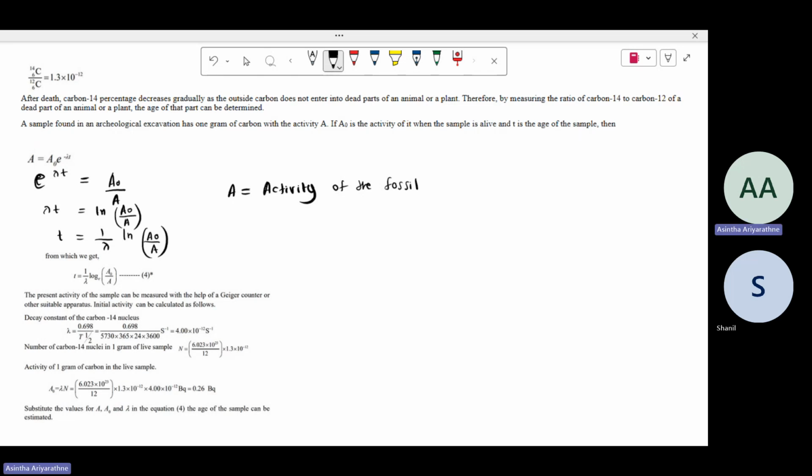So when we find the fossil, A represents the activity of now, the activity of the fossil at present, whereas A naught is the activity of the fossil when the animal was alive, before the death of the animal.